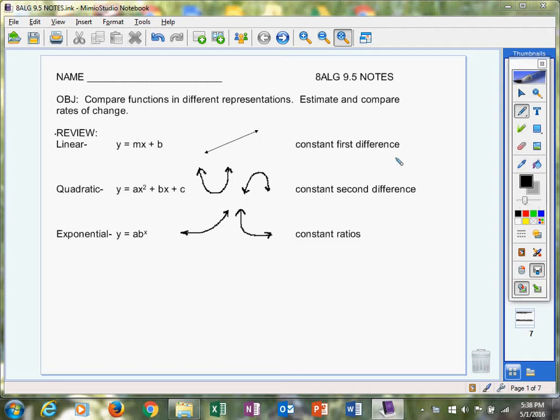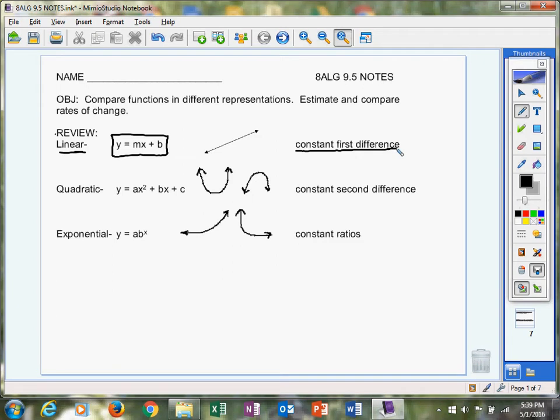So this first page is just a summary of everything we've learned. Remember that linear, that's a straight line, as you can see what I've got graphed here. Here's the equation. If I was looking to create an equation, I'd use y equals mx plus b, looking for the slope, the change in y over the change in x, and the y-intercept. And if I had a table, I would look for the constant first difference.